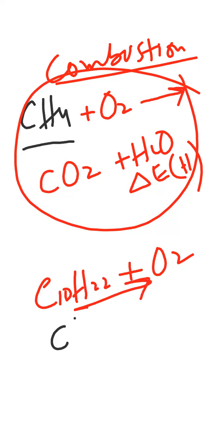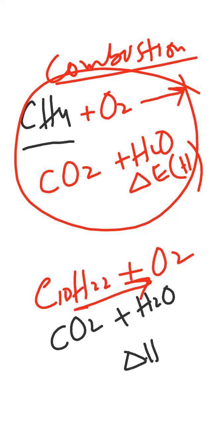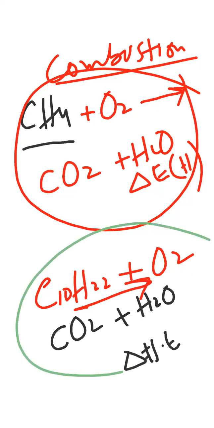There will be carbon dioxide, water, and a large amount of heat energy. What you have to do here is just balance the equation. Whenever any hydrocarbon or any organic compound burns with oxygen, it gives you carbon dioxide, water, and a large amount of energy.